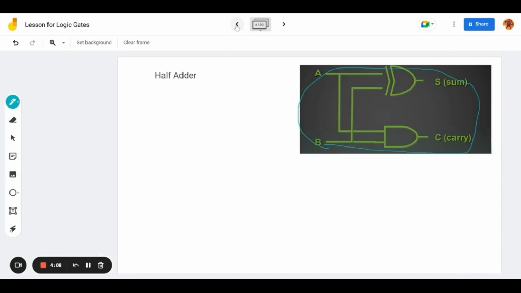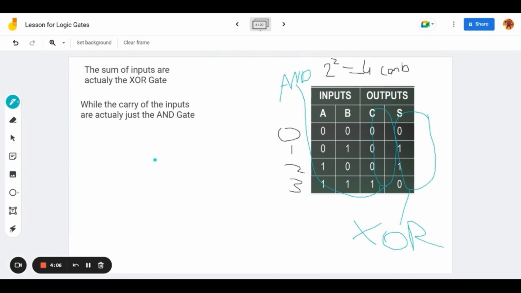And what exactly do I mean by that? Instead of going manually here and doing 0 plus 0 equals 0, then 1 plus 0 equals 1 as the sum, then once we come to 1 plus 1, we would have to do 1, then carry over, and it would equal 1 0.